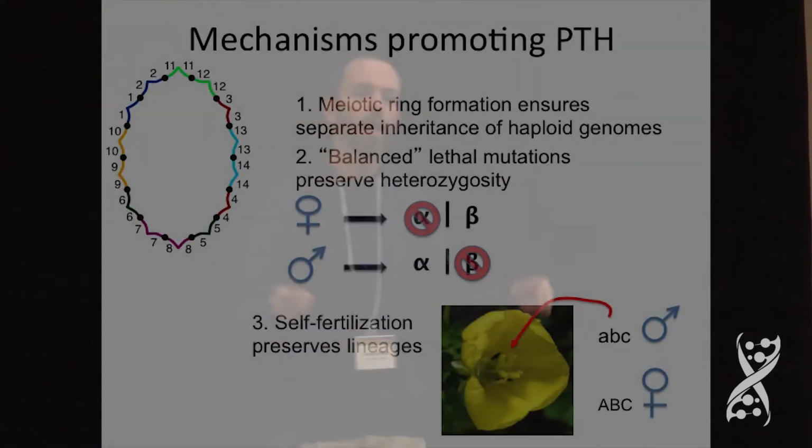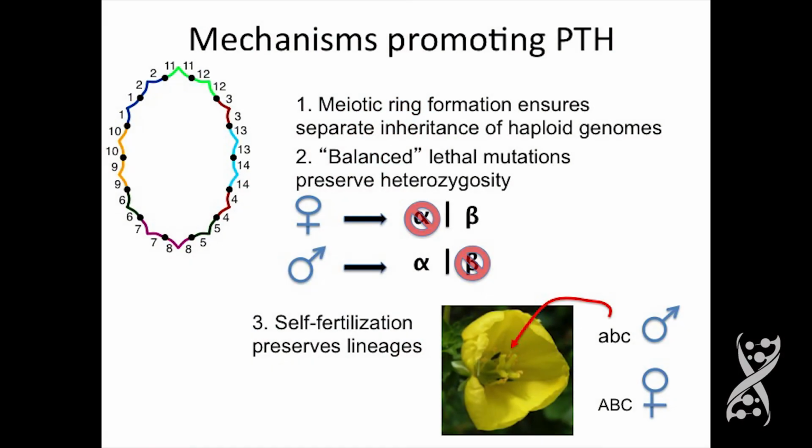The reason why this happens is essentially there's been translocations throughout the genome. And these species, as their name implies, are permanently heterozygous for these translocations. So segregation doesn't work right. You get this meiotic ring formation. And essentially, half of the genome goes to one gamete and half to the other.